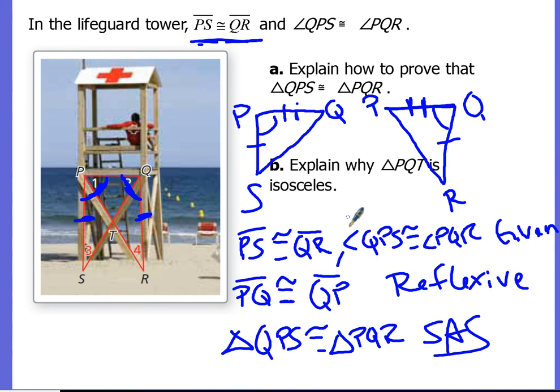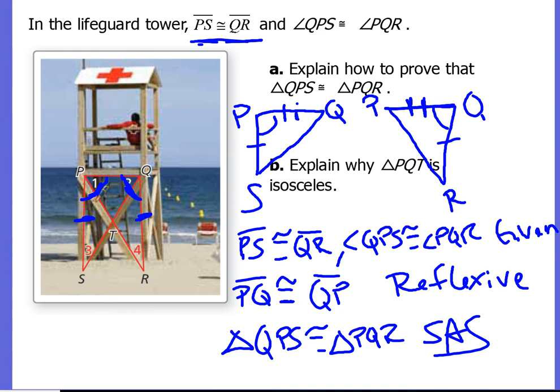Now let's go ahead and answer the second question. It says, explain why triangle PQT is isosceles. Well, let's think about this for a sec. Since these triangles are in fact congruent, this angle 1 and this angle 2 are also going to be congruent to one another.